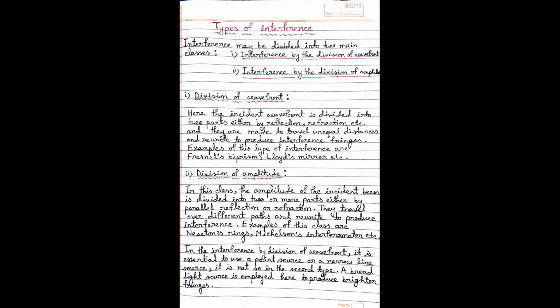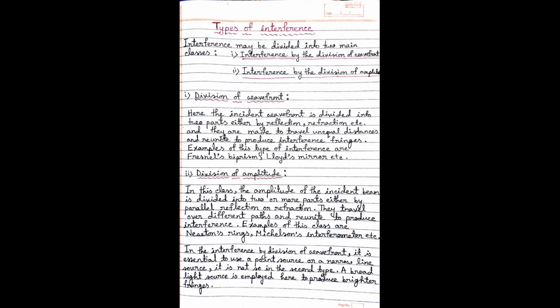In the case of interference by division of wavefront, one thing is essential: we should use a point source or narrow line source. But in case of interference by division of amplitude, it is not. Here a broad source is employed to produce brighter fringes.